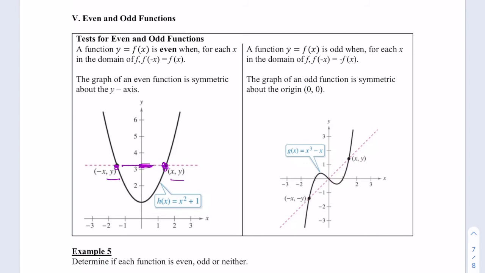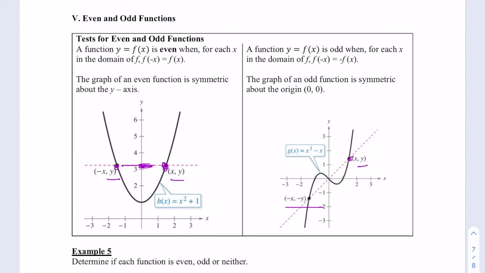Whereas an odd function is a little different, where we plug in an x into a function and we get y, but if we plug in its opposite, we'll get a negative y. So both the x coordinate and the y coordinate become the opposite.